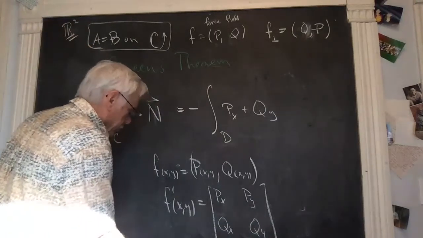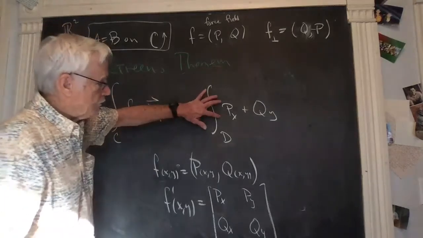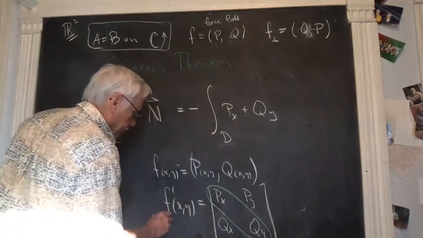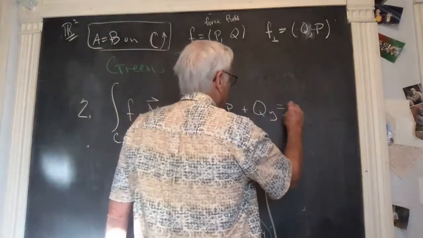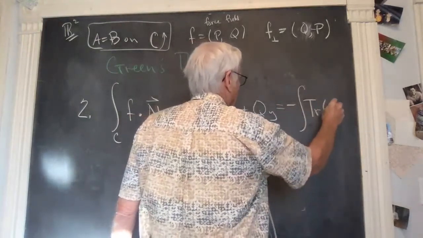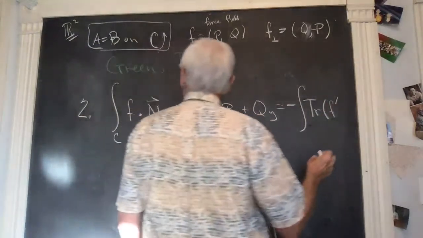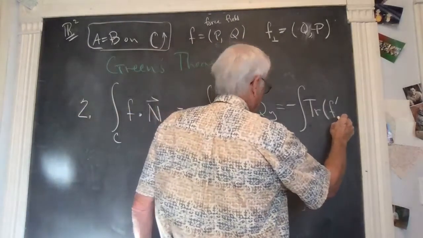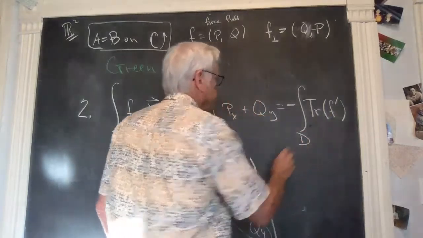And what we are integrating here in Green's theorem is the trace of the derivative. So this last integral is minus the integral of the trace of f prime over D.